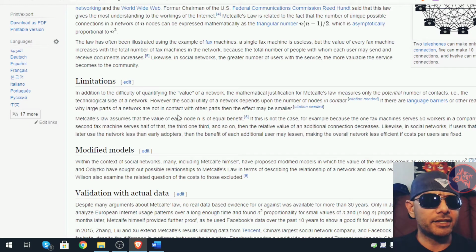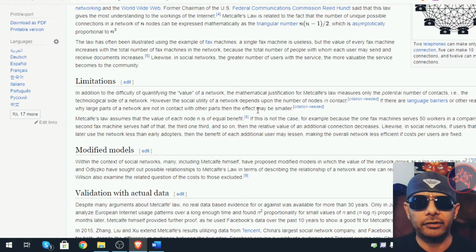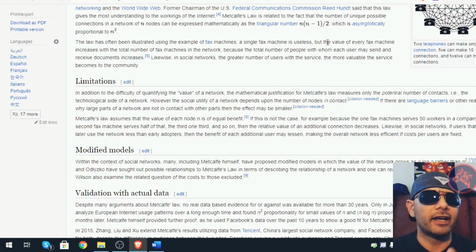So the limitation of it is quantifying the value of a network, right? It's the difficulty of it. And that's kind of where this whole Metcalfe thing has come in: they've perfected this triangular model of n times (n minus 1) divided by 2.